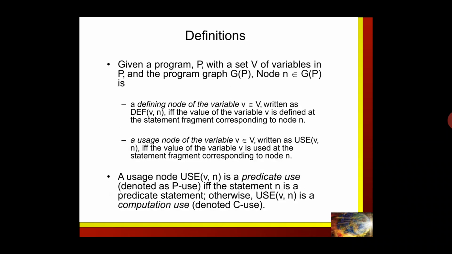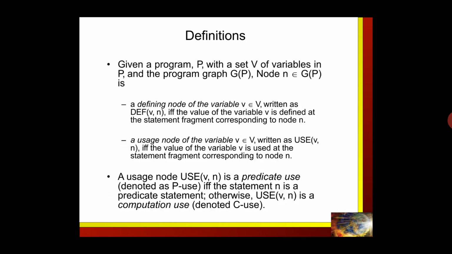A defined node of the variable v, which belongs to the set of variables V, written as def v of n, defined variable v at node n, if and only if the value of the variable v is defined at the statement fragment corresponding to the node n.